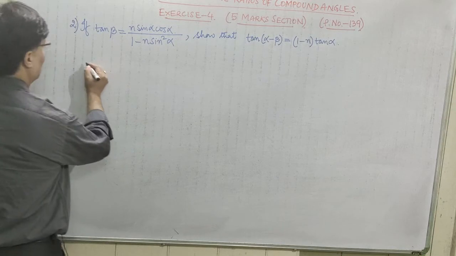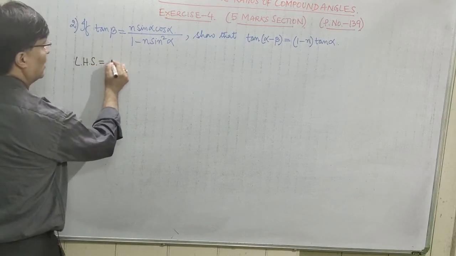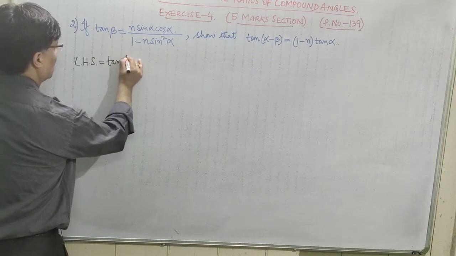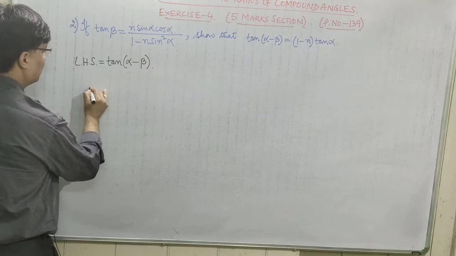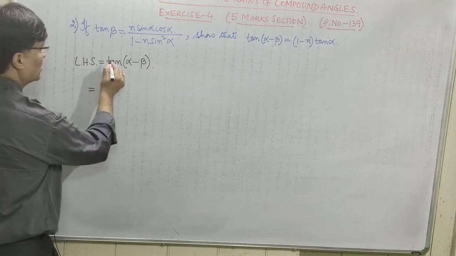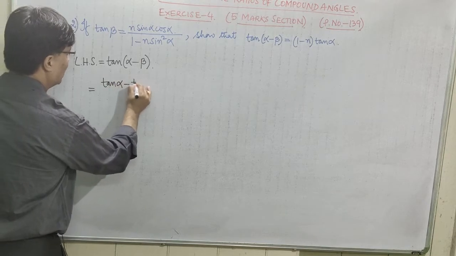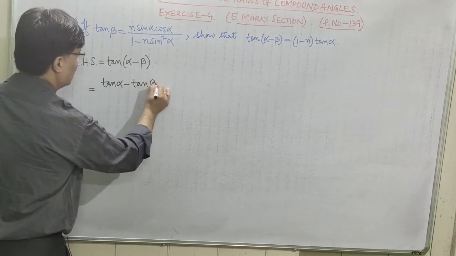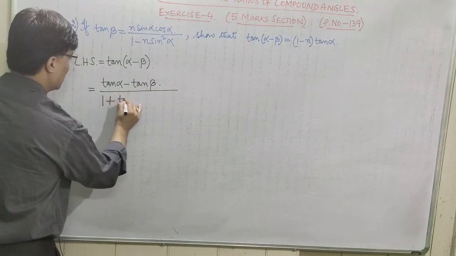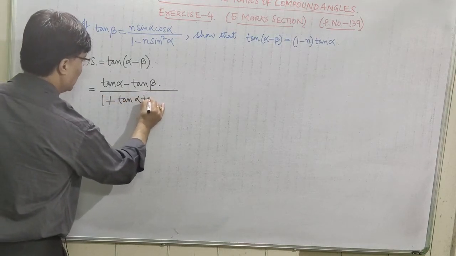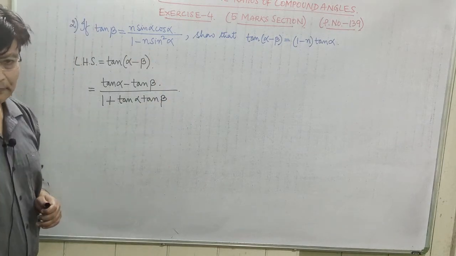Okay, so let us write down here LHS. Here LHS is equal to tan of alpha minus beta, which is equal to, what is the formula? This is tan of a minus b, tan alpha minus tan beta divided by 1 plus tan alpha tan beta. Is that clear?